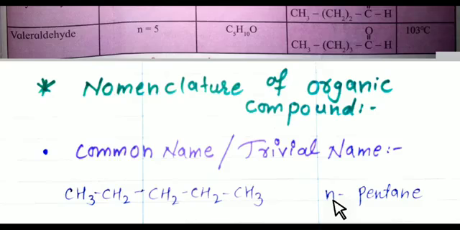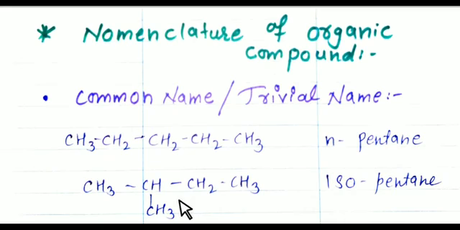Means no branch is there. If one branch of an alkyl group is there, you can write the name of the compound starting with iso.